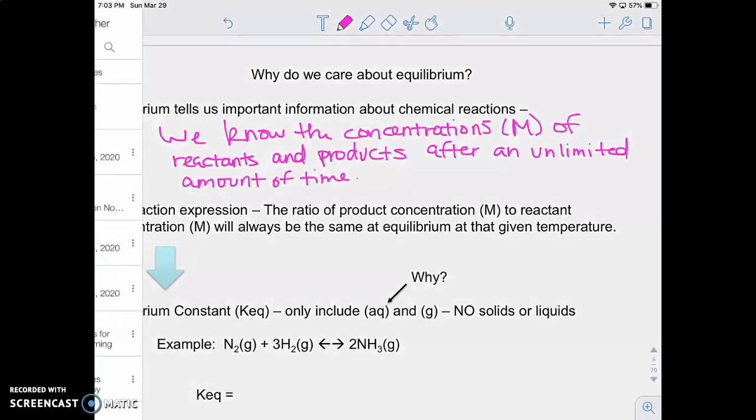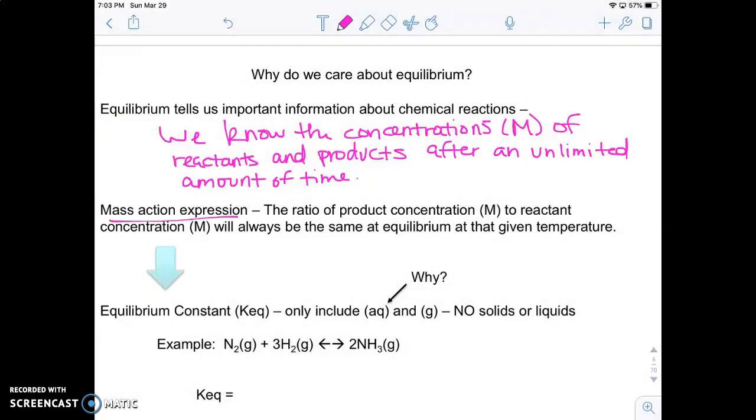So a mass action expression tells us the ratio between products and reactants at a certain temperature, and it's abbreviated as the equilibrium constant, KEQ. When you're writing this, you're basically dividing. Brackets mean concentration.